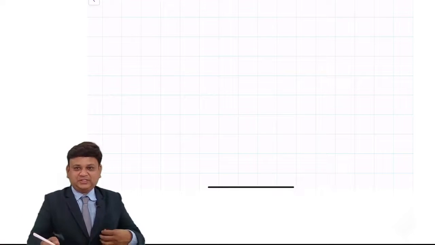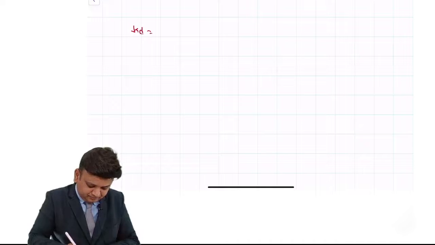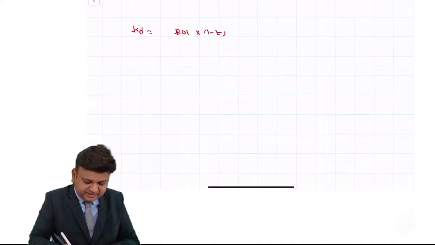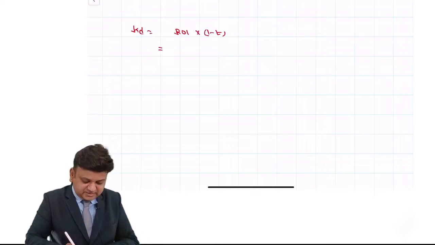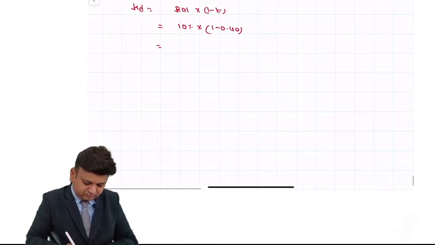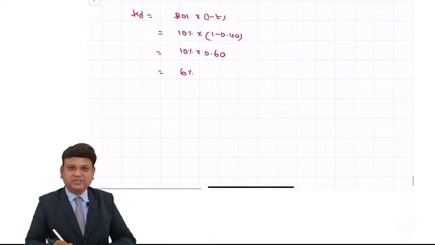So the first question is calculation of cost of debt financing. It is rate of interest into 1 minus tax rate. Rate of interest is provided as 10%. Income tax rate is 40%. So 10% into 0.6, that comes to 6%.